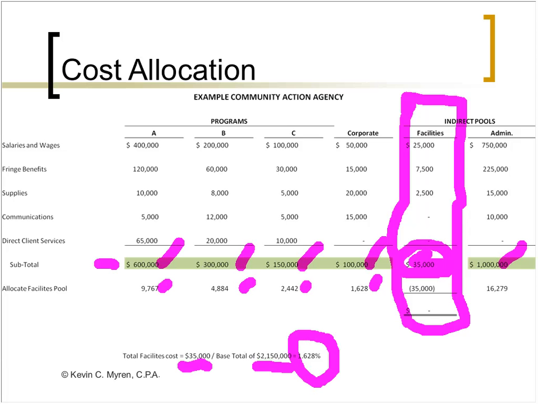Then you can see that because we've allocated that expense out, we need to decrease that expense so that we're not double counting by putting a negative $35,000 in the facilities. So if you did a cross-foot on this line here, you would end up with a total of 0.